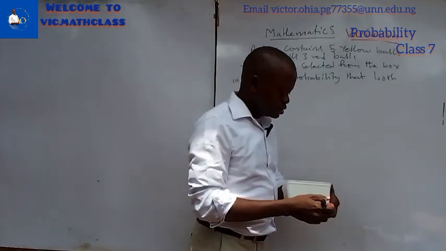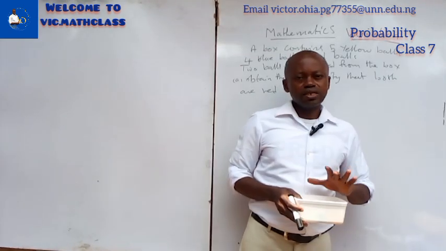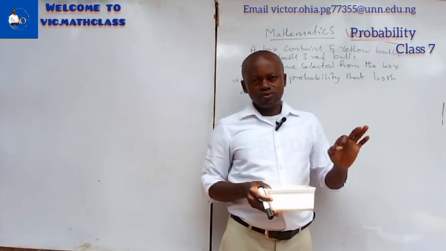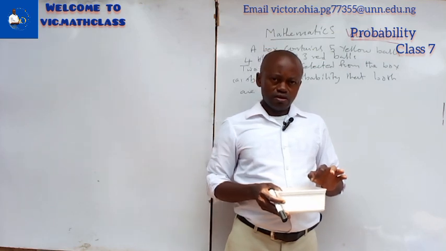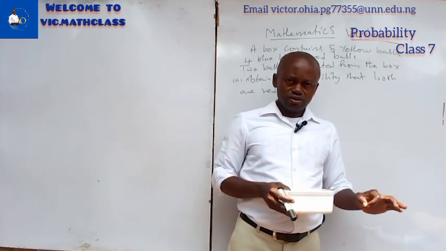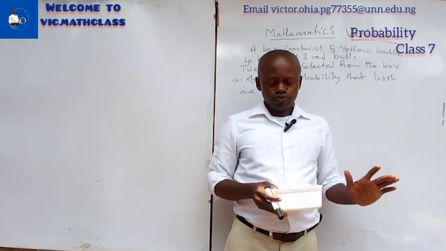I'm going to explain it in two ways at once. I'm going to explain it as it has to do with selection without replacement and selection with replacement, so that we can understand the difference between the two.